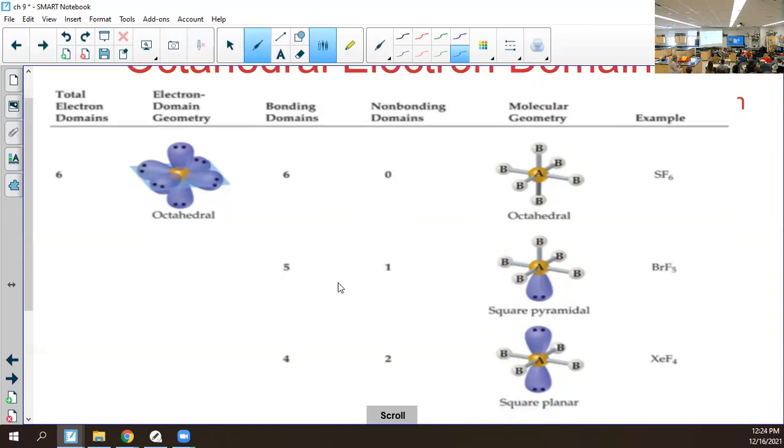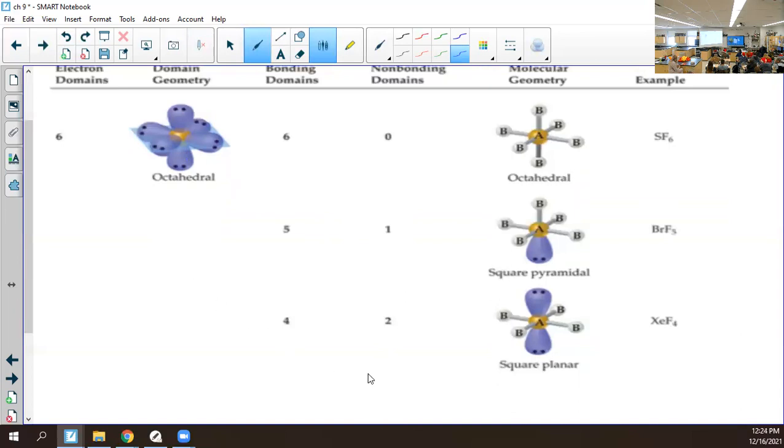Square pyramidal. All right. And then if it's 4 and 2, it's just a square. It's hard to draw them. That means it's a square and there's not another one on top or the bottom to make it bend.